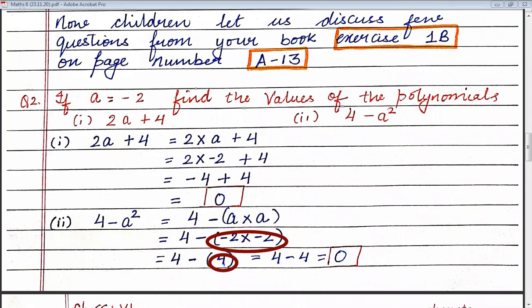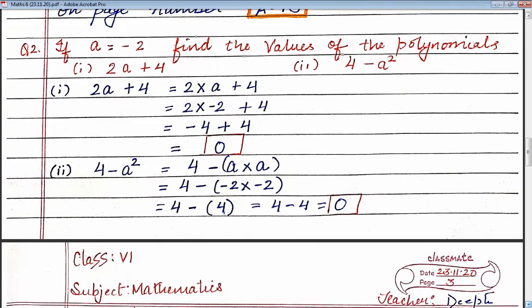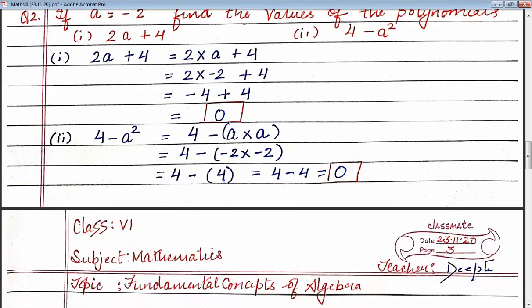So what will be your answer now? 4 minus 4 is equal to 0. Again, the value of your algebraic expression is 0. So when you substitute the value of a as minus 2 in the algebraic expression 4 minus a square, your answer is 0.